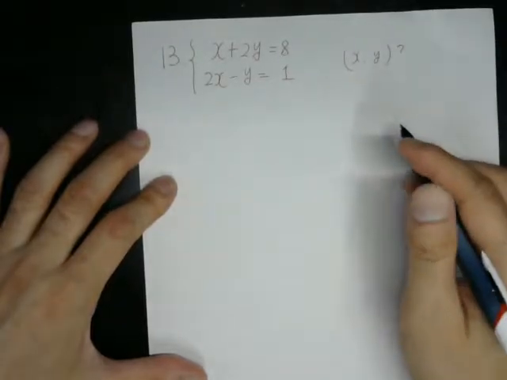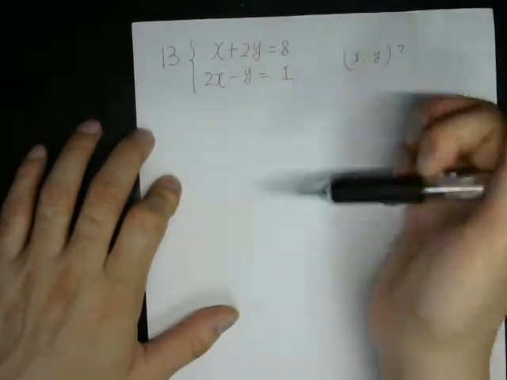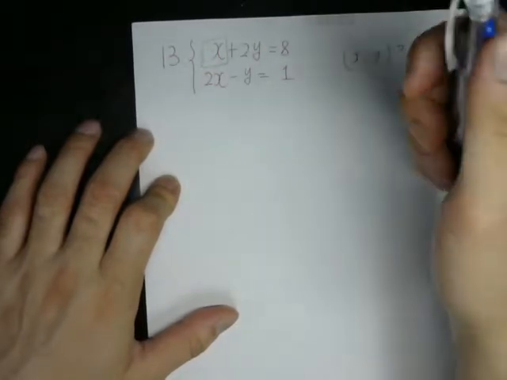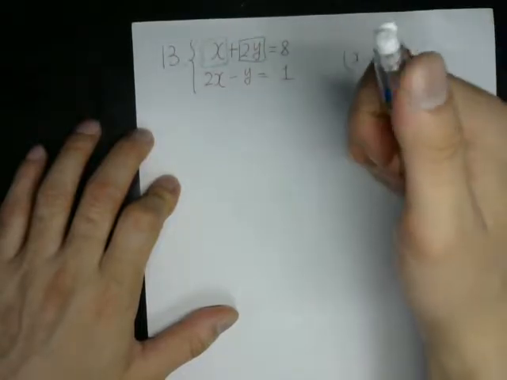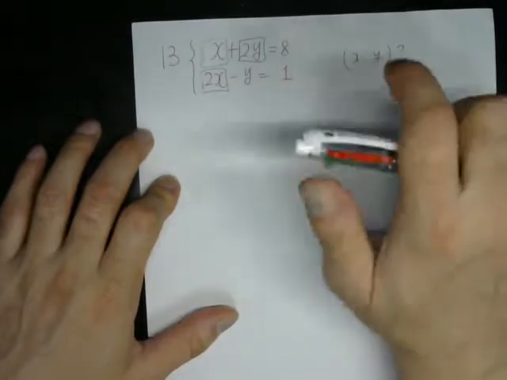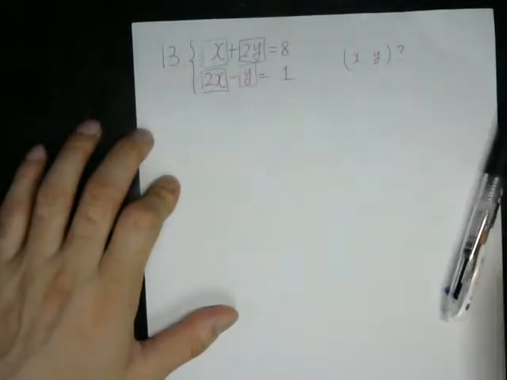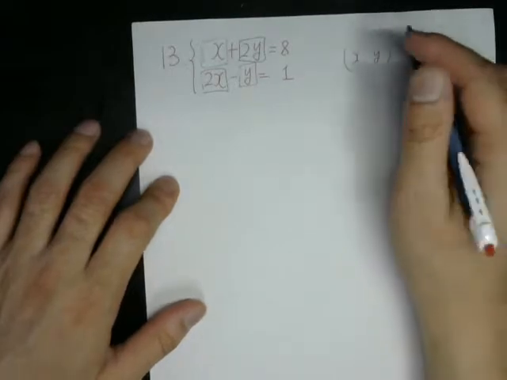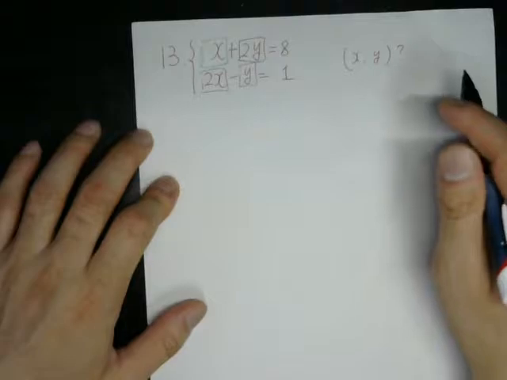Okay, so if you remember, the rule for the substitution method is that among four components on the left side of the linear system, you want to pick the easiest variable to be isolated.